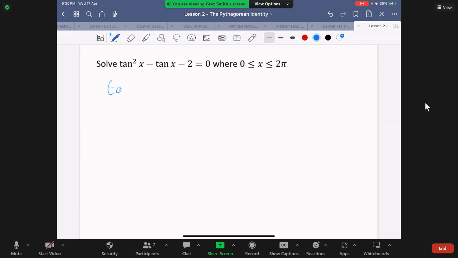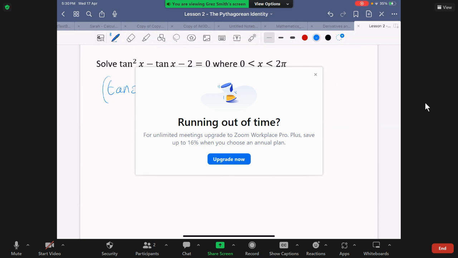So this gives tan x minus 2, tan x plus 1 is equal to 0. Let me just check that. Yep, that looks good. This tells us that tan x equals 2 and tan x equals -1.